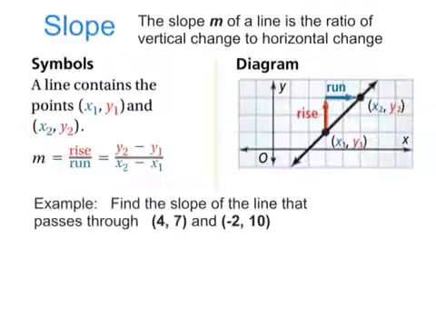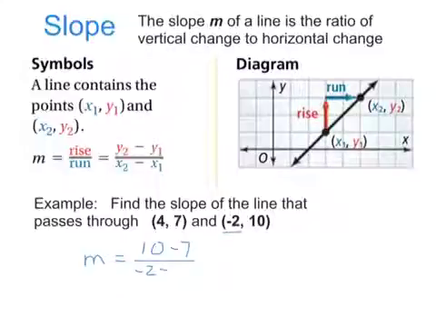So we can look at this example. We're trying to find the slope of a line that passes through the points 4, 7 and -2, 10. So we start with filling in our equation. We have y2 minus y1, so that's 10 minus 7, and that's going to be divided by x2 minus x1.